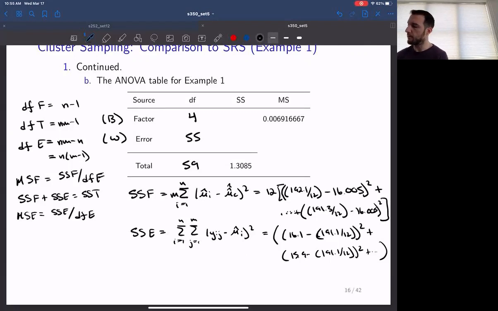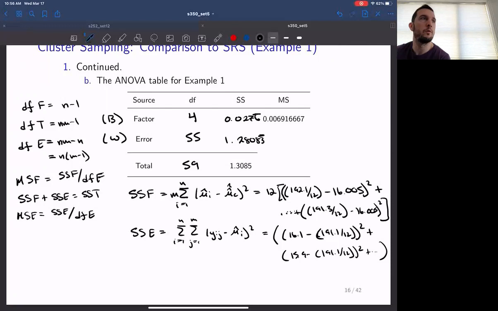Okay, so with that being said, we can use these ideas to verify the values. Now, in order to get the SSF, we just take our DF and we multiply it by the MS for the factor level. So that's going to give us 0.0276. Okay, and then we can take 1.3085 and subtract 0.0276. That's going to give us 1.28083.